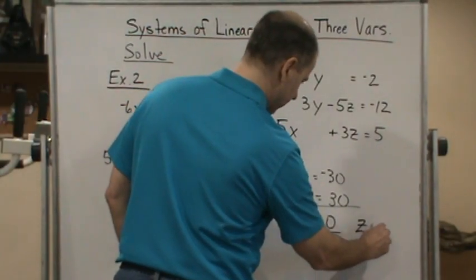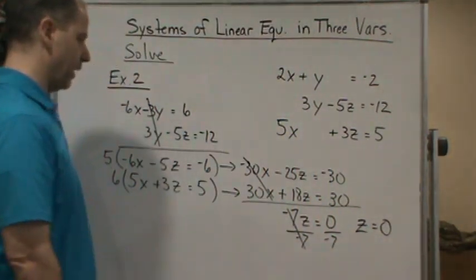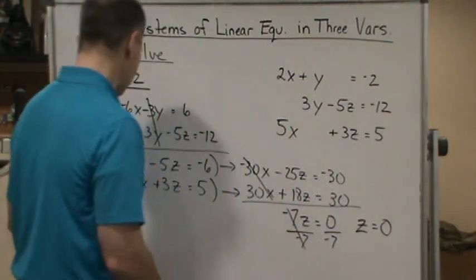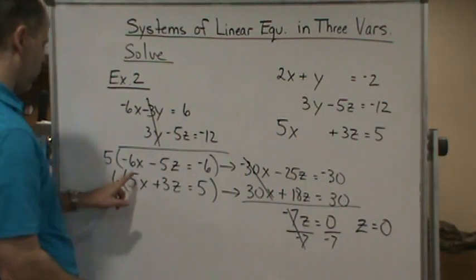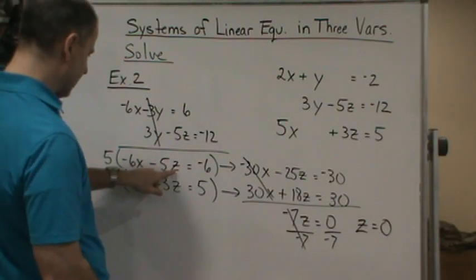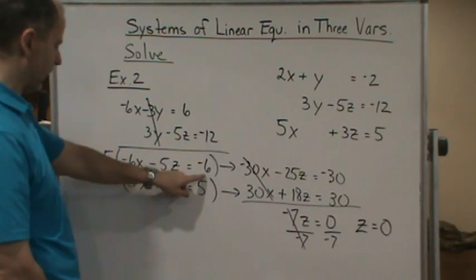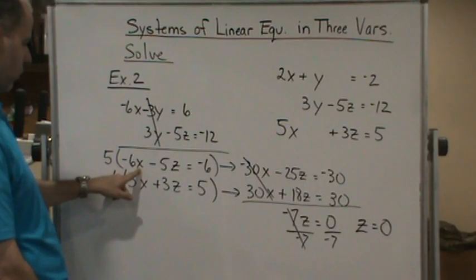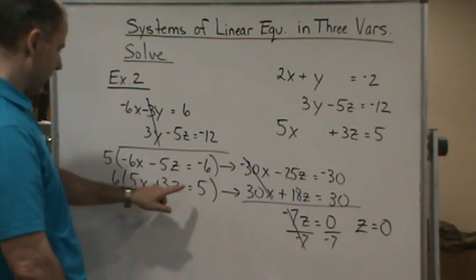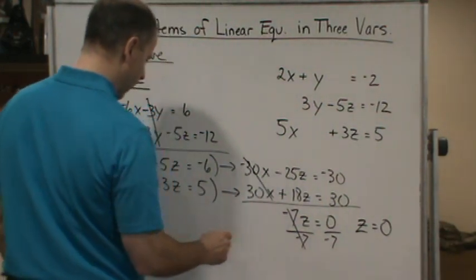Z is equal to 0 divided by negative 7, which is still 0. So in this case, we get z is equal to 0. Now, if we plug it into one of the two equations here, doesn't matter which one, we get what? If z is 0, we get, in this case, negative 6x is equal to negative 6, which is going to give us x is equal to 1. Or if we plug in 0 here, we're going to get 5x equals 5, which still gives us x is equal to 1. So we get x is equal to 1.